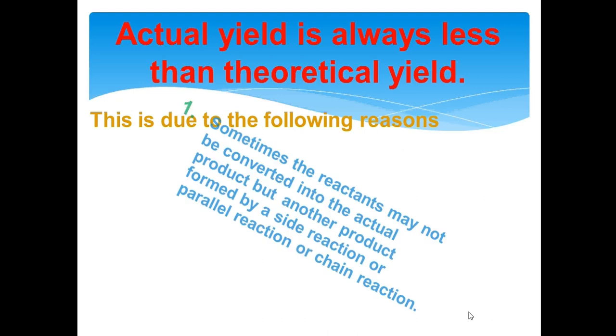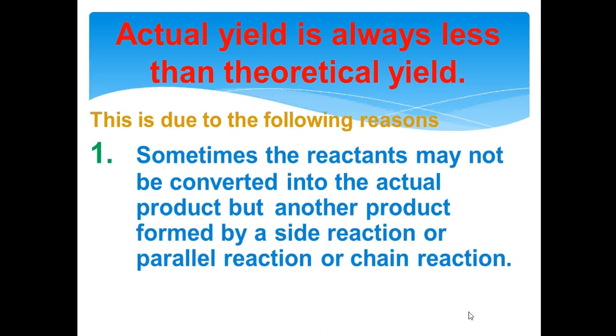Number one, sometimes the reactants in a reaction may not be converted into the actual product, but another product is formed which is not required by a side reaction or parallel reaction or chain reaction.